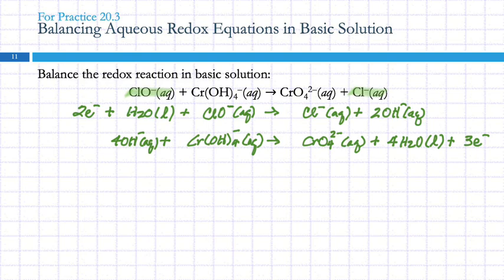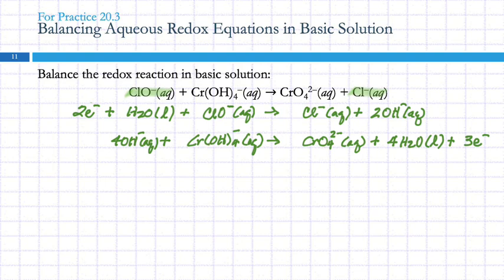So now we need to make sure that the number of electrons are equal. Because otherwise, this is like a transaction where one person is paying $3 and the other person is getting $2. And what happened to that dollar? It doesn't work that way, right?